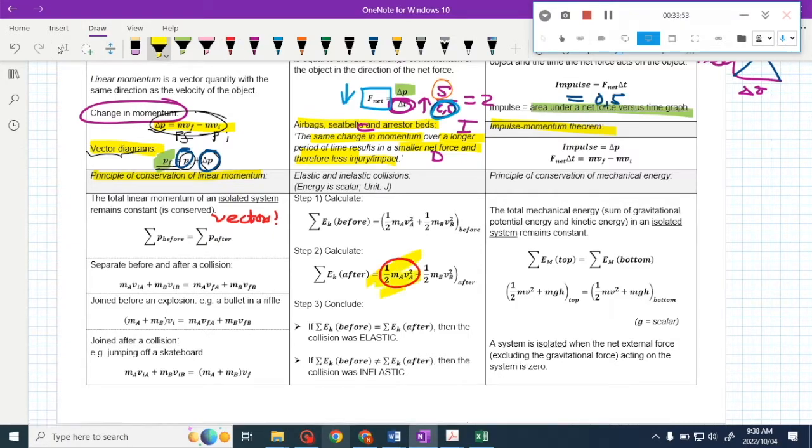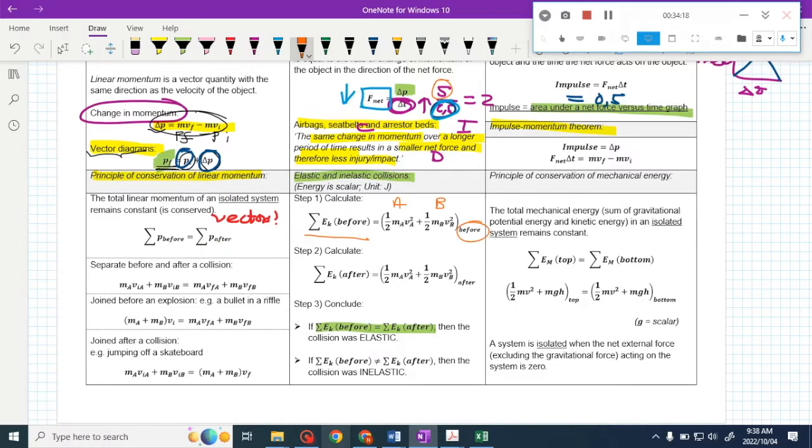Last thing I'm going to mention in this topic is when you are asked to prove whether a collision is elastic or inelastic, don't start off with this statement. You guys are actually okay with it now. This is a better group. You first calculate the sum of the kinetic energy before, so the kinetic energy of object A plus the kinetic energy of object B before the collision.